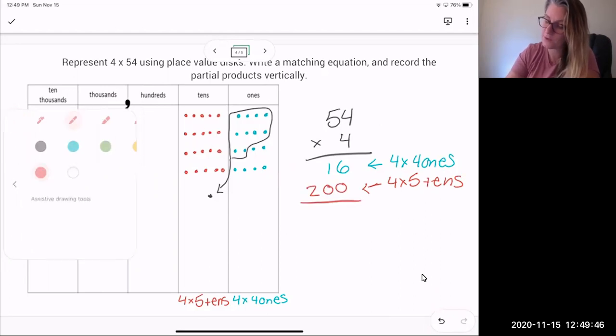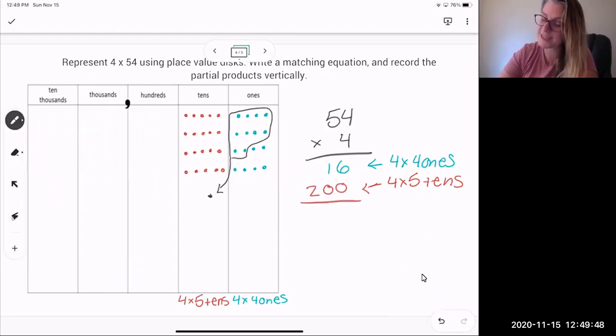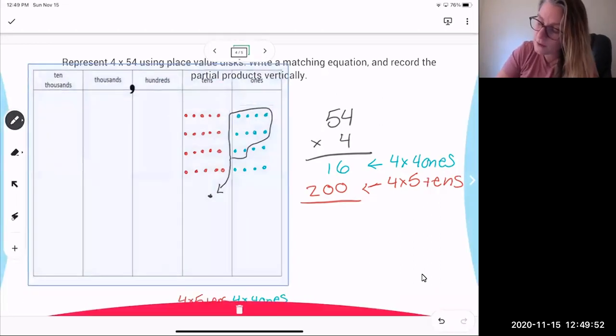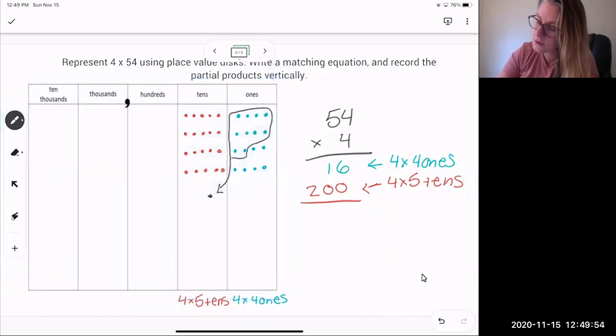And then I'm going to regroup all of my tens from my tens place. So I have one group of 10, and I have another group of 10 to move to my hundreds place.